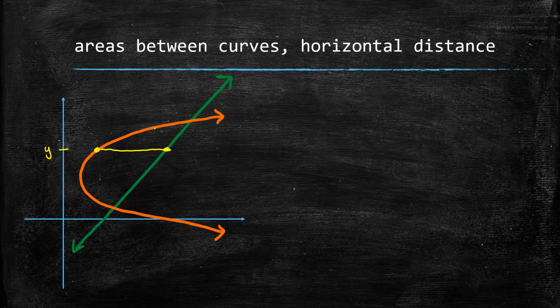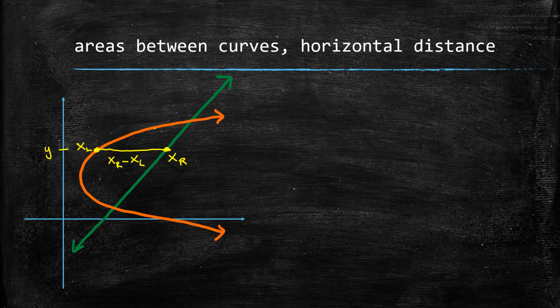But in this scenario, we would do that by subtracting the x coordinates. I'll call the x coordinate on the curve to the right xr, and the other x coordinate xl, and the length would be xr minus xl.